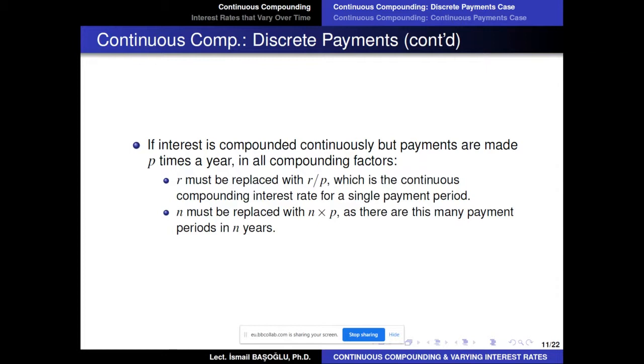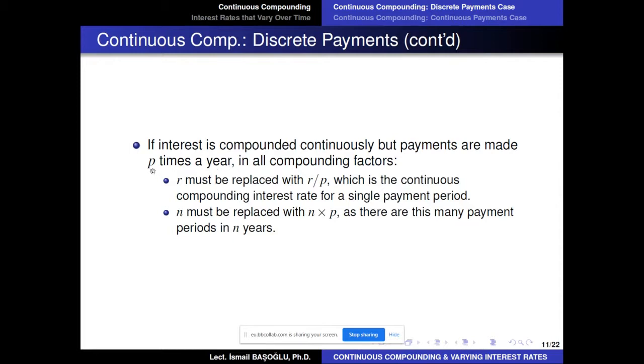So let's say we have a monthly periodic payment. How are we going to solve continuous compounding problems? Actually, the procedure is easy. Let's say the interest compounds continuously, but the payments are made p times a year at equidistant time intervals.